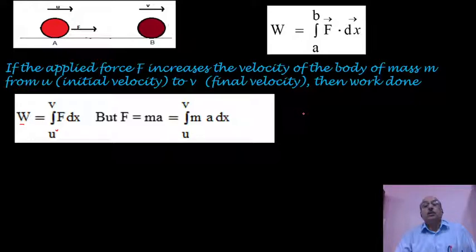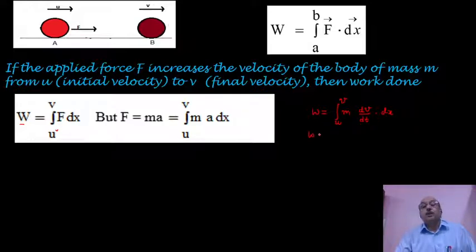Or we may write W is equal to the integration from u to v, and acceleration is the rate of change of velocity. That is d/dt of velocity into dx.